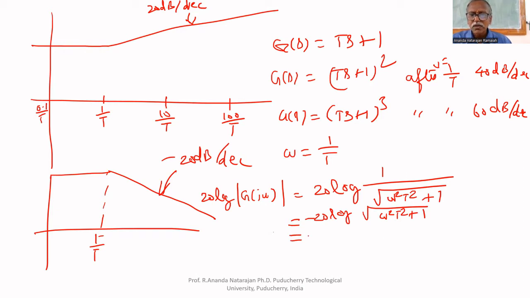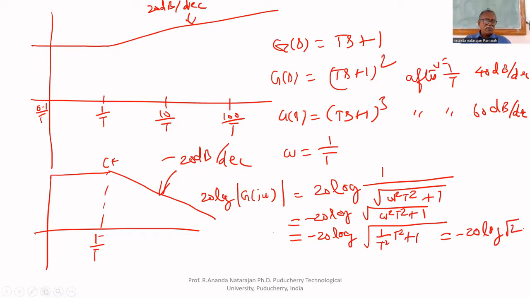If you consider both terms at corner frequency, omega equal to 1 by tau, it becomes 1 by tau square multiplied by tau square plus 1. That is equal to minus 20 log square root of 2.